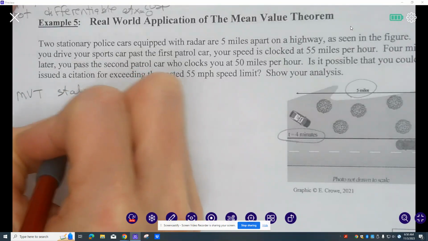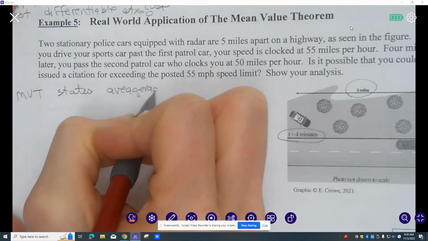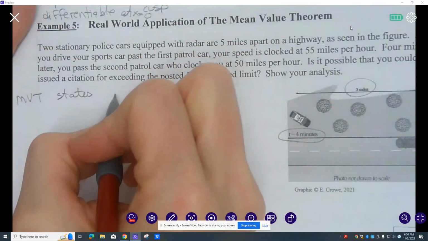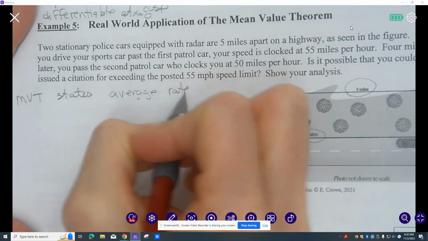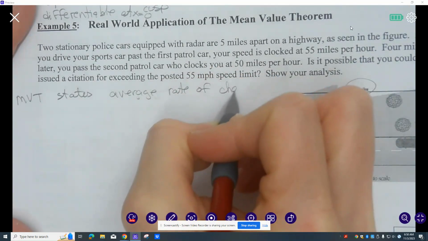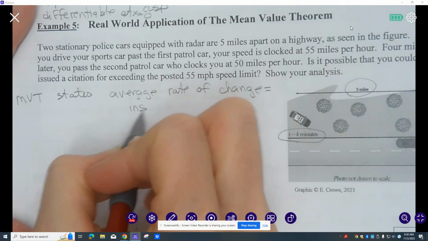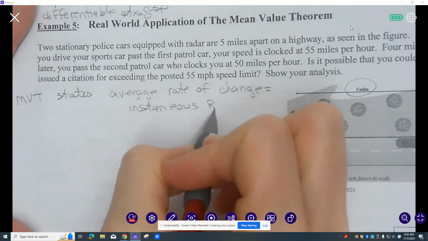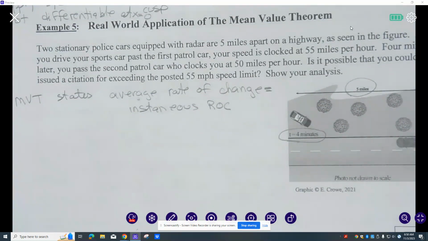Okay, so MVT states average rate of change must equal instantaneous rate of change. I'm going to write ROC sometime on this interval.